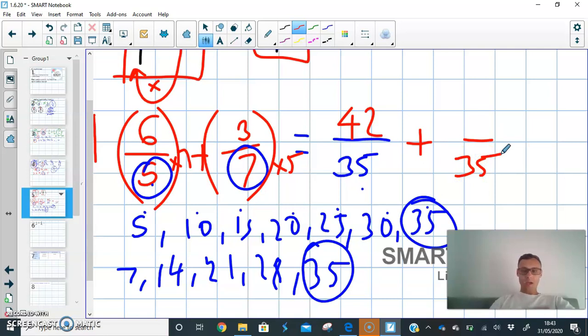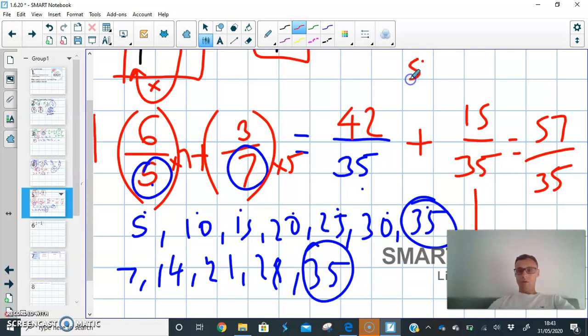What is 3 times by 5? Well, that is obviously 15. 42 add 15 is 57 out of 35. How many 35s go into 57? 1, and then 57 take away my 35. What does that leave me with? Leaves me with 22 out of 35. Okay, so it's 1 and 22 35ths.